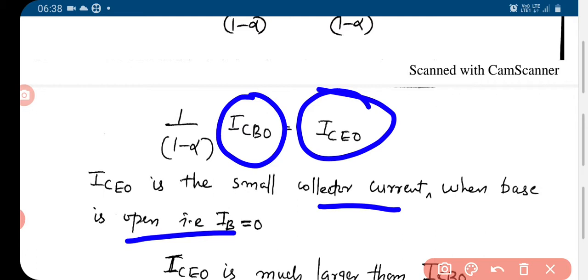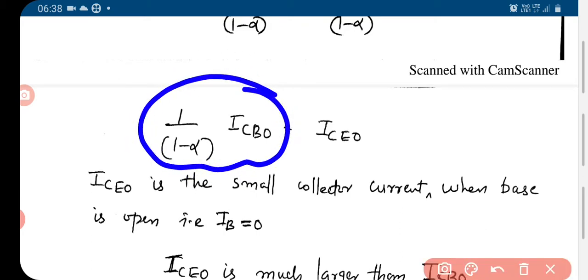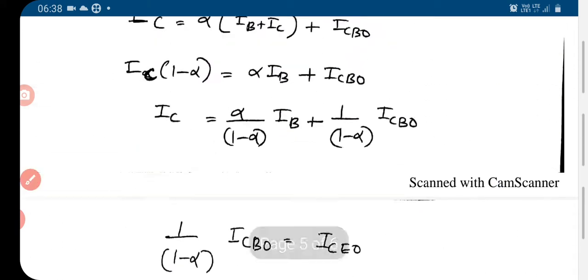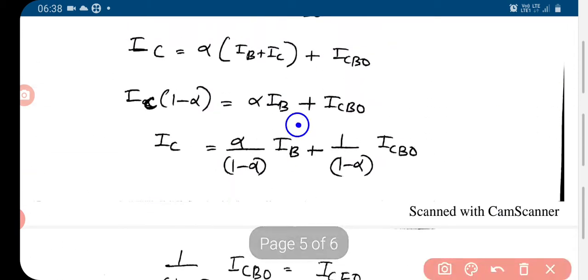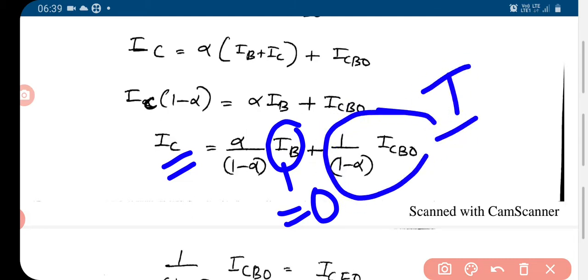Even when the base is open, a small current will be flowing, and that is ICEO. Because when we put IB equal to 0, we have a collector current IC which is ICBO by 1 minus alpha. That is taken as ICEO.